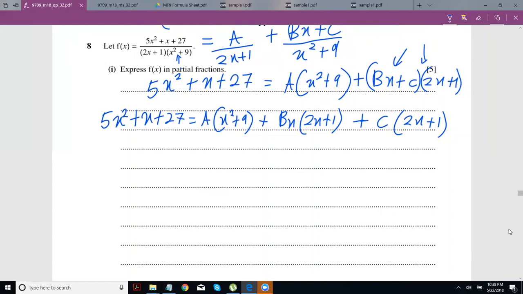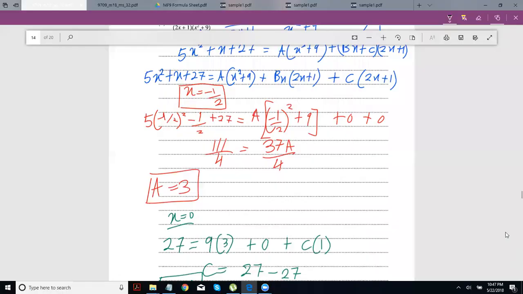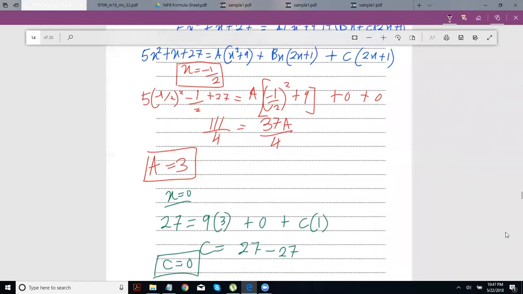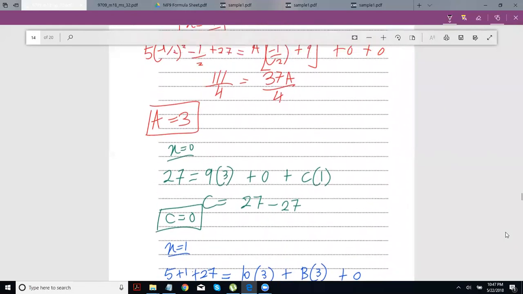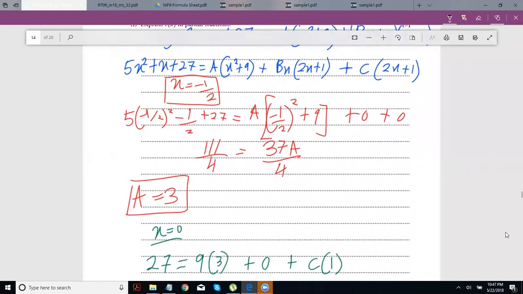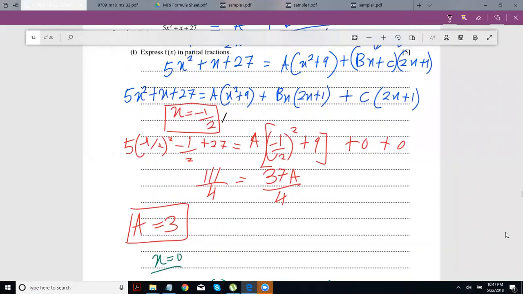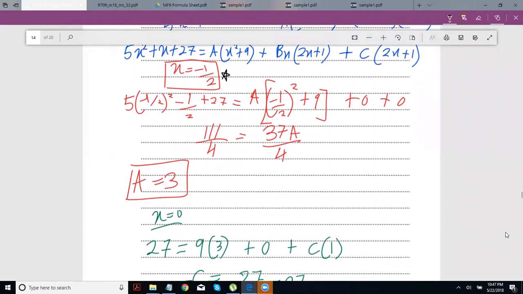partials are kind of boring, so I'm just going to skip ahead, and if you want, you can follow the working that I did. So here's the working in case someone wants to look at it. The only thing to note here is to take convenient values of x that cancel out stuff. If you take x is minus 1 upon 2, that makes B and C 0, so you can isolate A and solve for that.